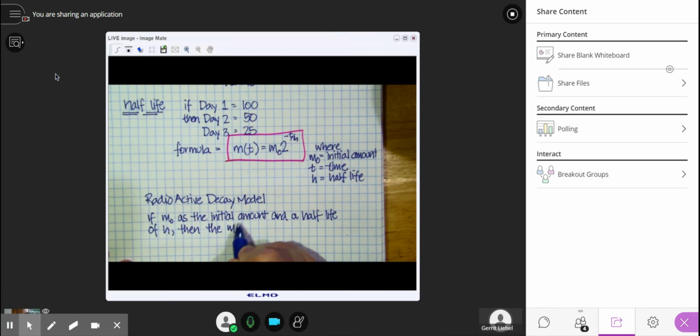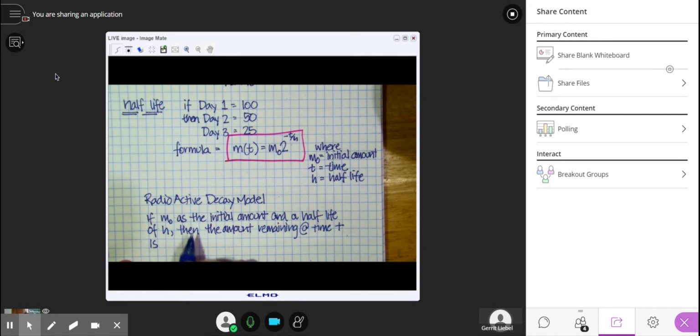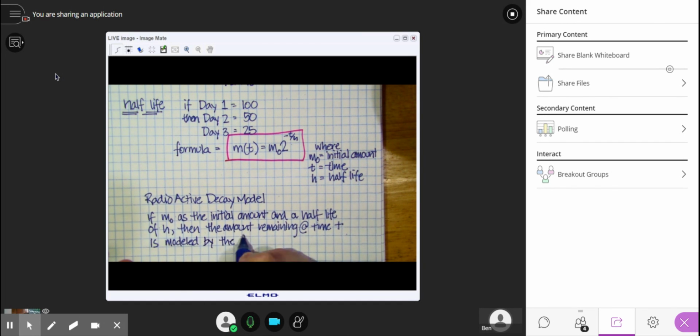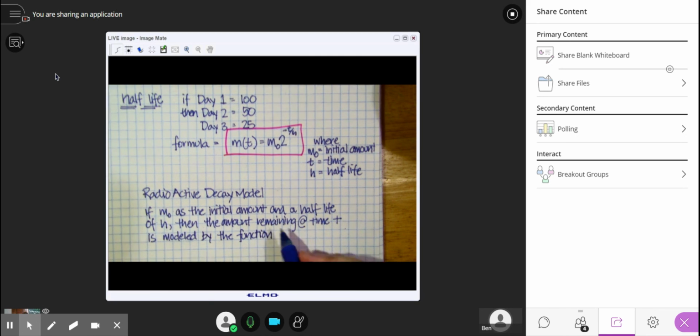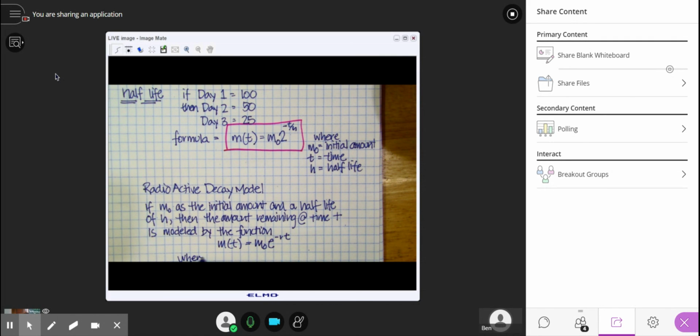then the mass remaining, or the amount remaining at time t is modeled by the function m of t is equal to m of 0 e to the negative rt, where r is equal to ln 2 over h.